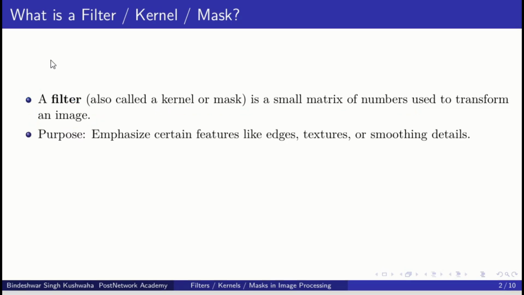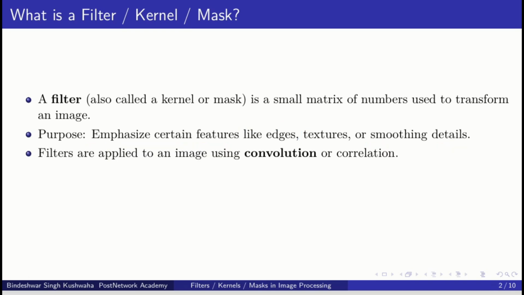So if you want to modify an image, you will require a filter. And what is the purpose? To emphasize certain features like edges or textures, or to smooth details. For these tasks filters are used.